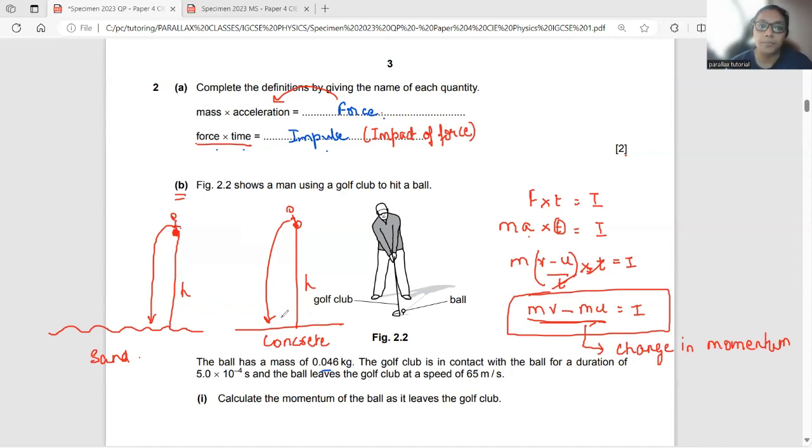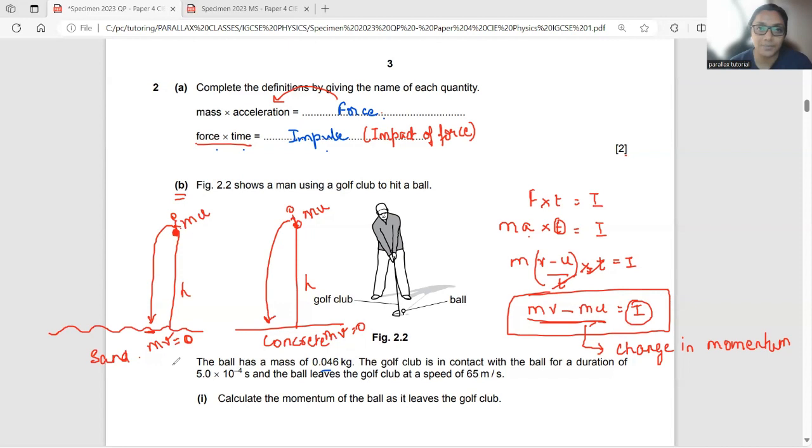Let's observe why. See, the kid is having the same mass, right? And as he falls down, the initial velocity of the kid is also same when he falls, right? The final velocity in both cases, or the final momentum in both cases, would be 0, because eventually the kid will come to a stop, right? So the v will be 0. So the change in momentum, or the impulse, will be same.